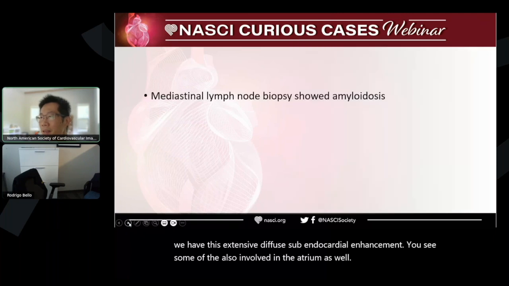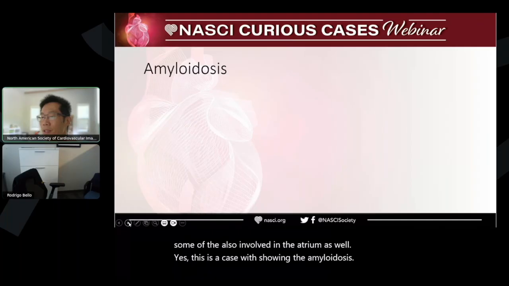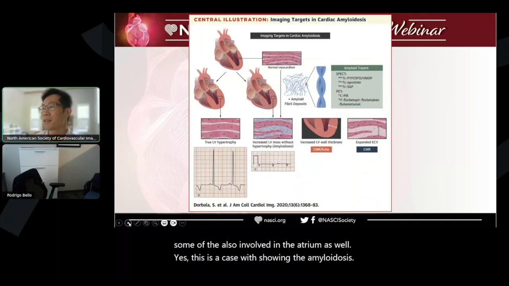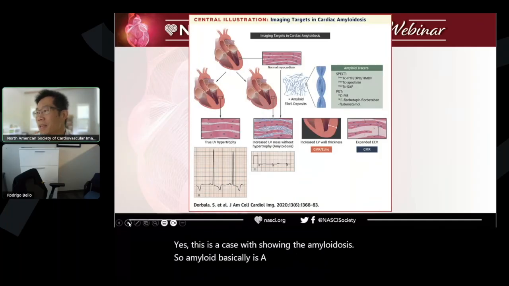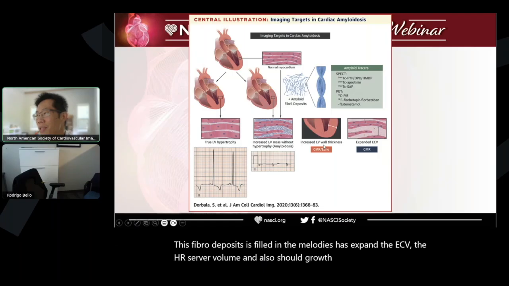Yes, this is a case showing amyloidosis. So amyloid fibril deposits fill the myocardium, expanding the ECV and the atrial volume, and also showing LV wall thickening.